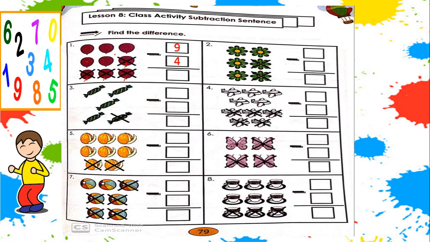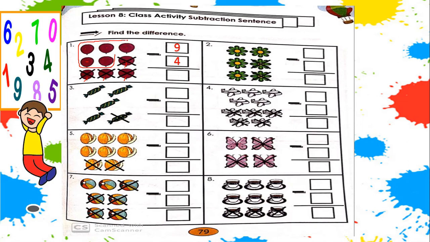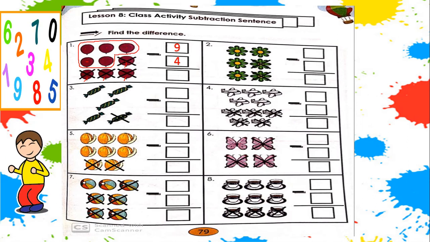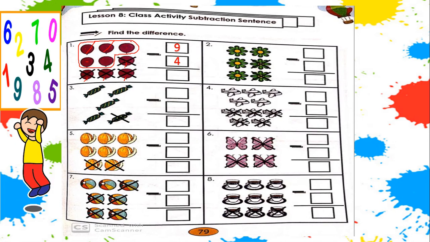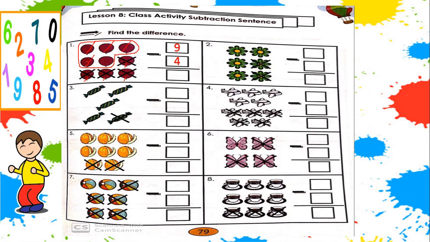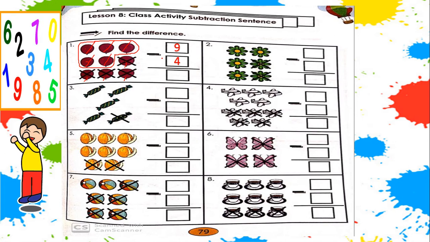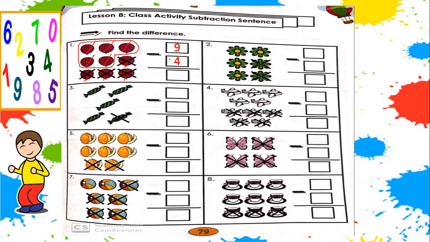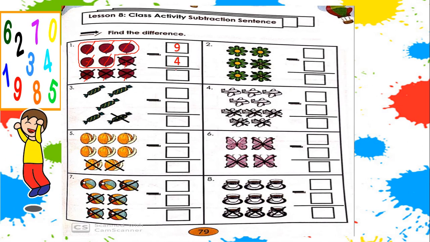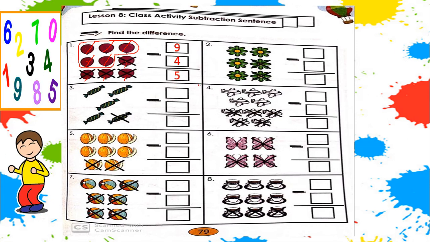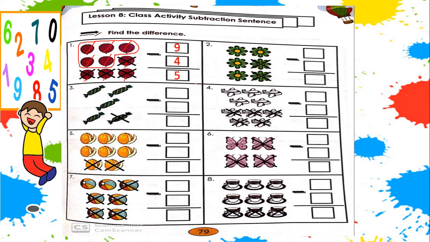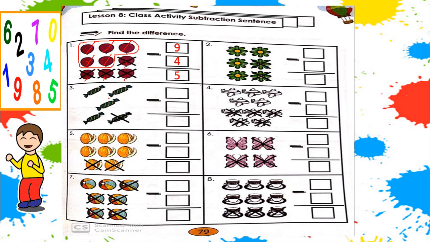Okay, so this time we are going to count how many objects left. So these are the only objects left. We have 1, 2, 3, 4, 5. So we have here 9 minus 4 equals 5.